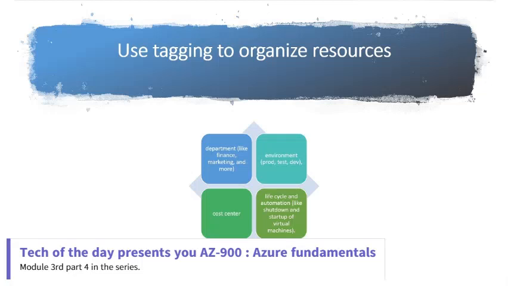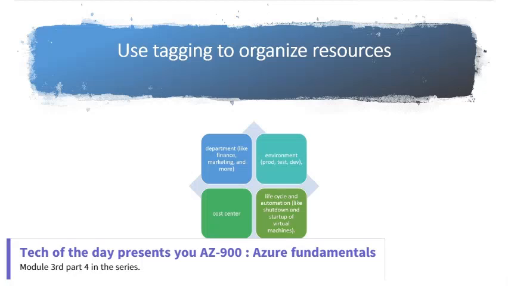So for these purposes, you can create tags. Tags are simply name value pairs of text data that you can apply to resources and resource groups. Tags allow you to associate custom details about your resources in addition to the standard Azure properties a resource has.